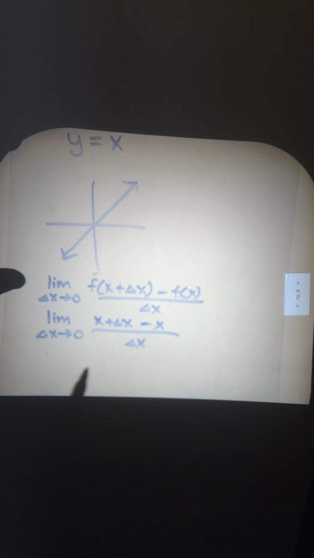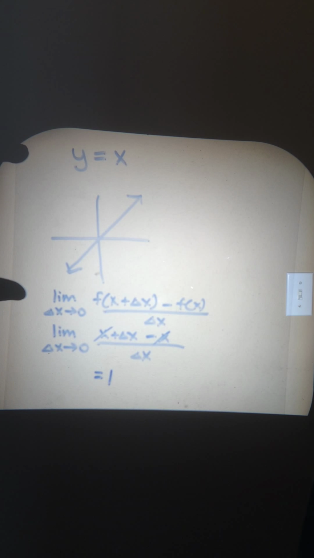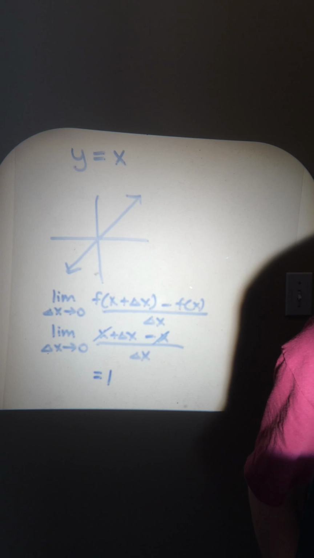So the limit as delta x approaches 0 of x plus delta x minus our function x all over delta x. As we can see, x and negative x cancel, which leaves us delta x over delta x, which is 1. And lo and behold, the slope of y equals x is 1.